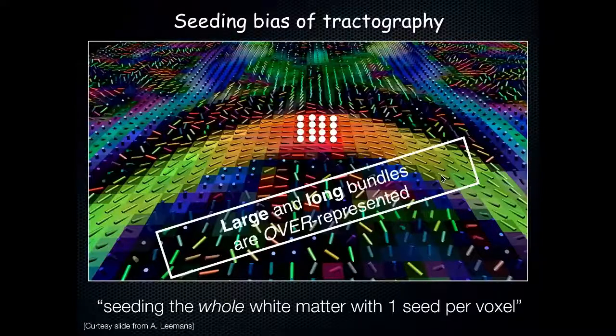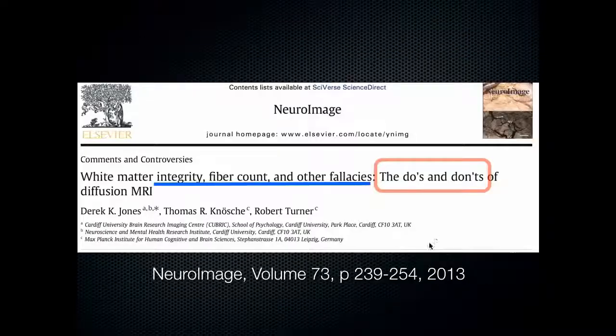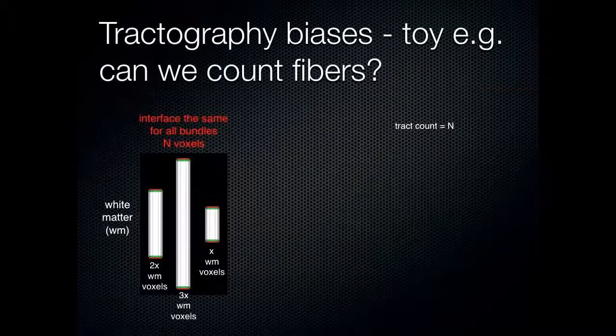It's quite easy to imagine. You're going to be overseeding the corpus callosum and the corticospinal tract, and these big, easy tracts will be overrepresented in your tractogram. So be careful, and I encourage everybody who is going to use tractography to read this paper: Fiber count, integrity, and other fallacies, the do's and don'ts of diffusion MRI.